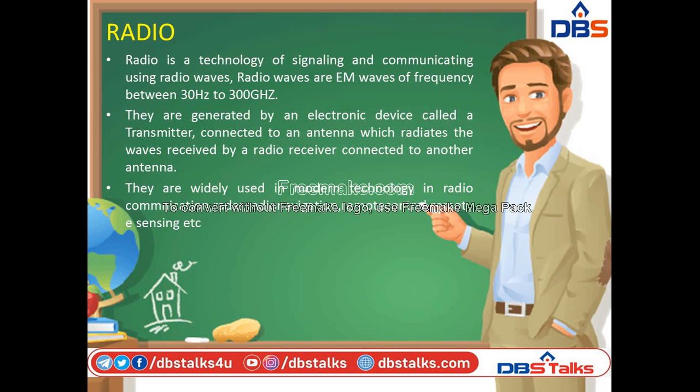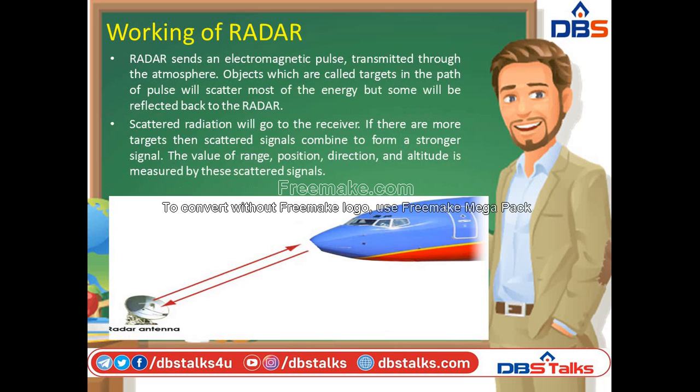See, these have a wide range of applications. These were used previously, and nowadays also we are using radar in order to find out the movement of the target. For example, whenever a rocket is launched, we are finding the position of that rocket through these radar signals only.